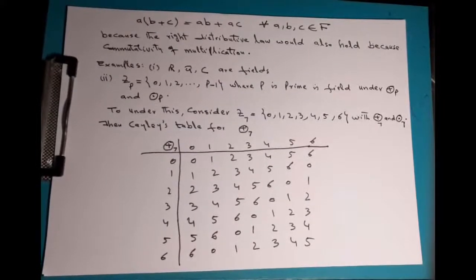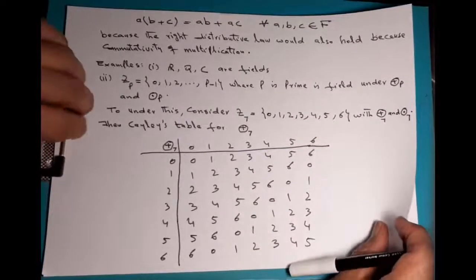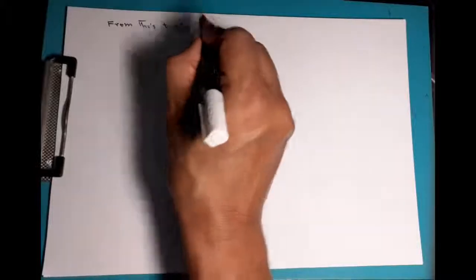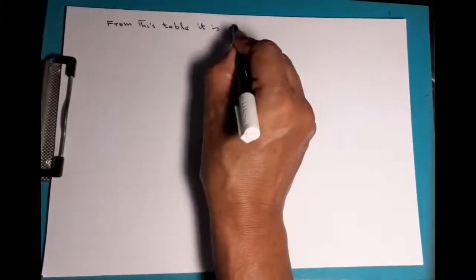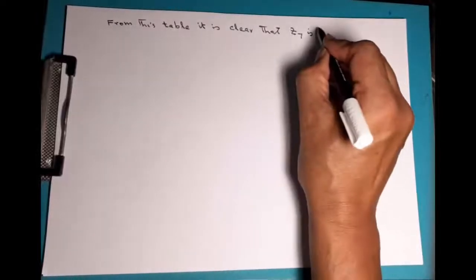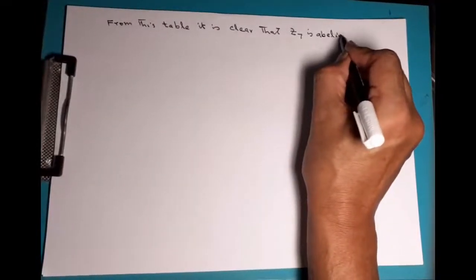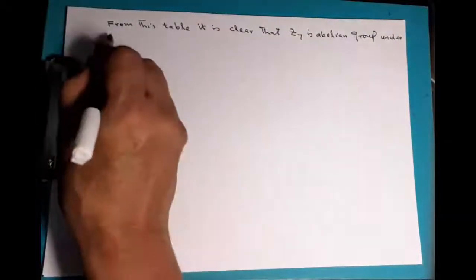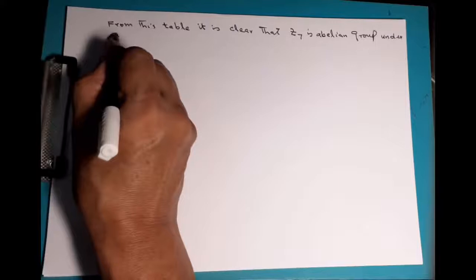So from this table it is clear that Z7 is an abelian group under addition modulo 7.